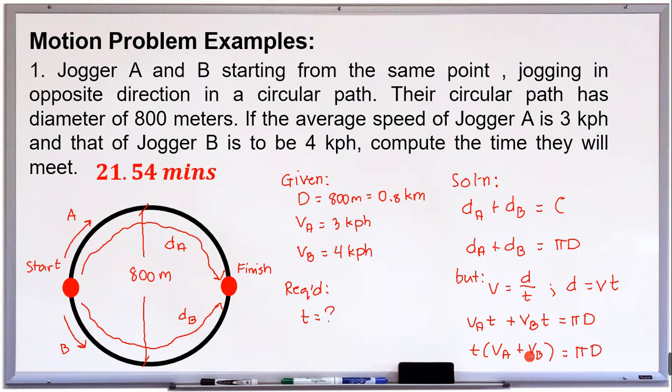But as you notice, VA is given and VB is given and also our D. So therefore, for this equation, we only have one unknown, which is the time t. Our pi, we have a value for pi, which is an irrational number. Okay, so we are going to solve the value of our t here.